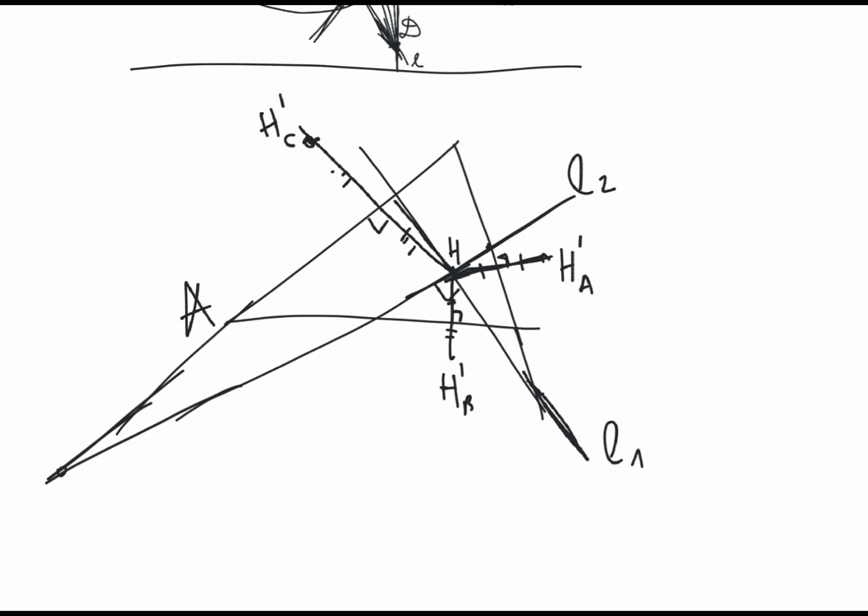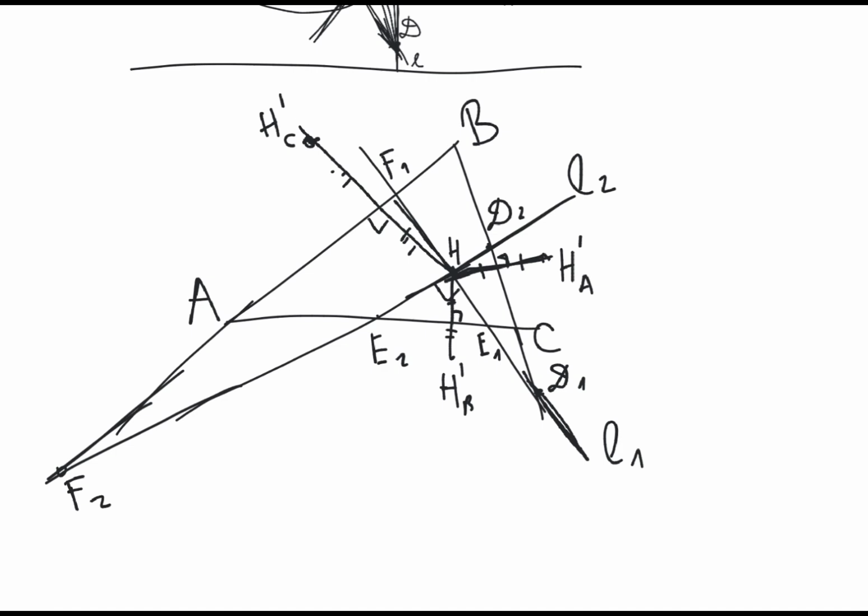So the triangle is ABC. These points are D1, E1, F1, D2, E2, F2.